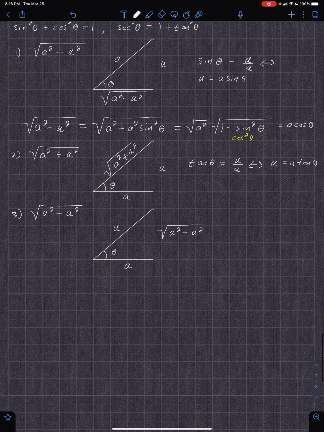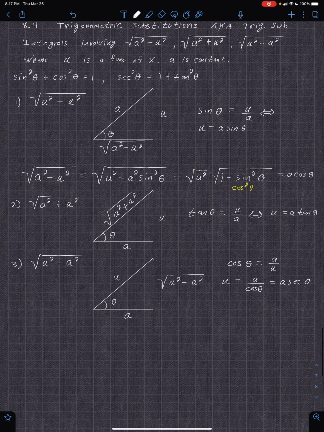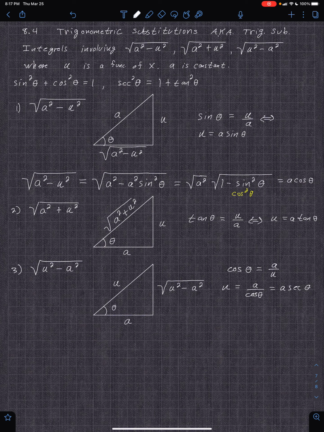And so for that, what we would have is that cosine of theta is equal to a, adjacent over hypotenuse, over u. So u is equal to a over cosine theta. So u equals a secant theta. All right, so we can use those.